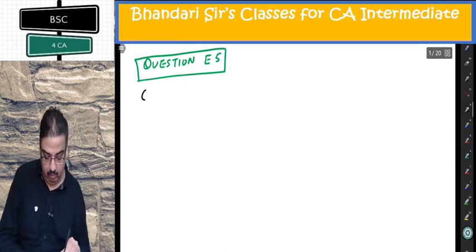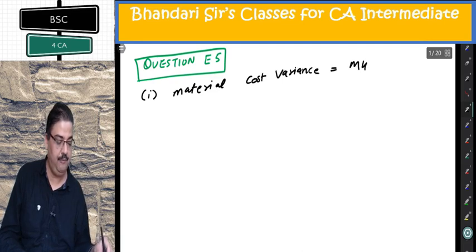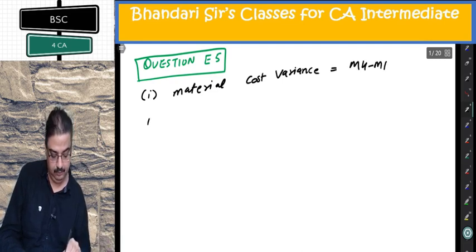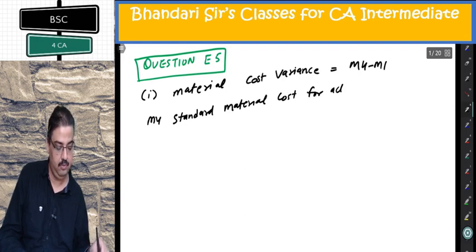So part 1 requires material cost variance. For me it is M4 minus M1. M4 I define standard material cost for actual production.